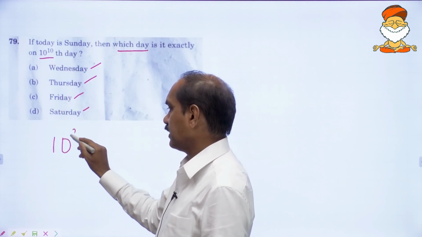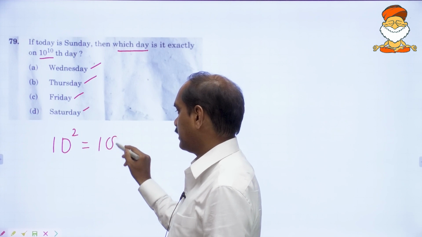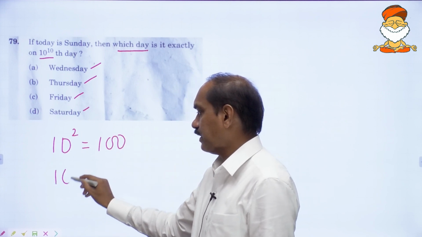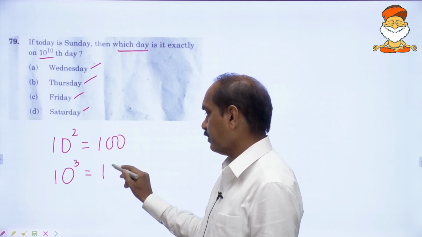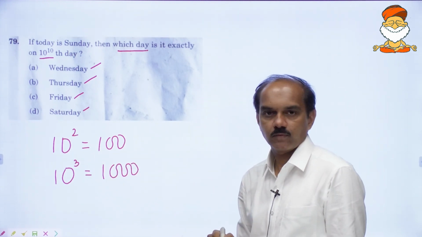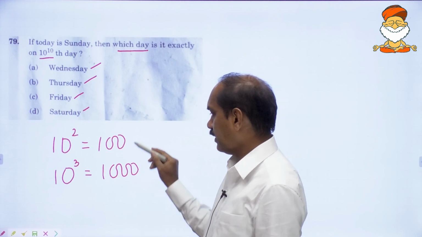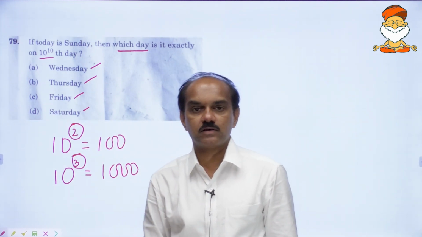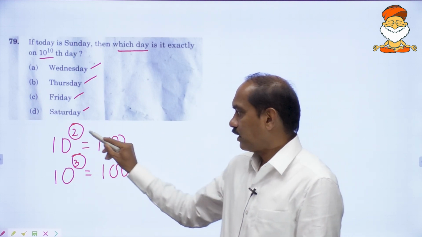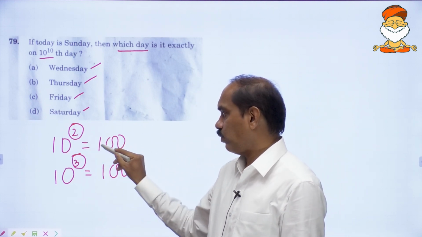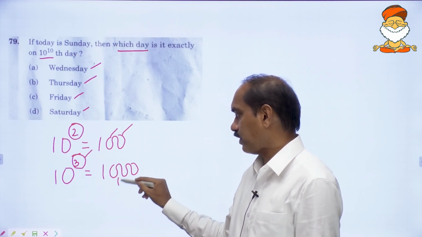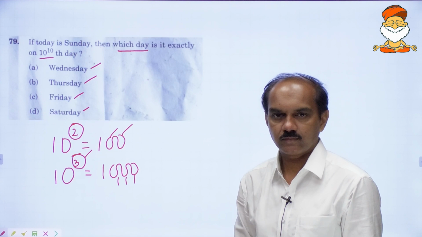If I say 10 square, then it is 100. If I say 10 cube, then it will be 1000. The power indicates the number of zeros in front of 1. Here it is 2, in front of 1 we have got 2 zeros. Here it is 3, in front of 1 we have got 3 zeros.